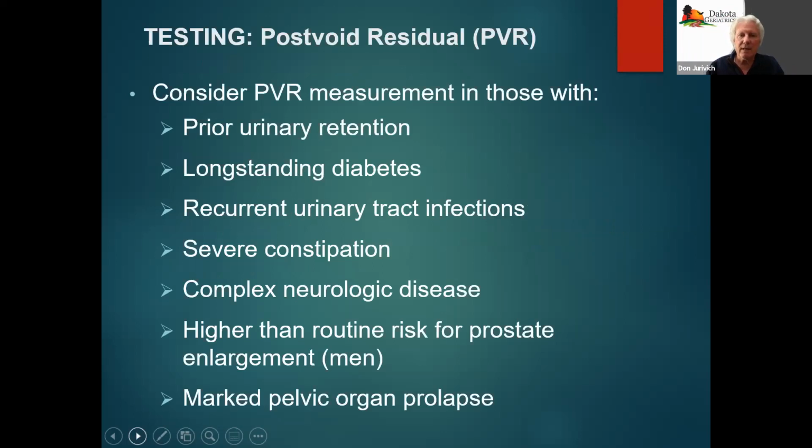In terms of the bladder scan for the post-void residual, it's not recommended as a usual routine thing to do, unless you have issues with constipation, a history of urinary tract retention, or something neurologically going on, which includes dementia, by the way.